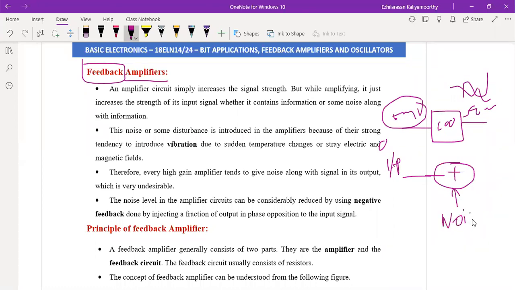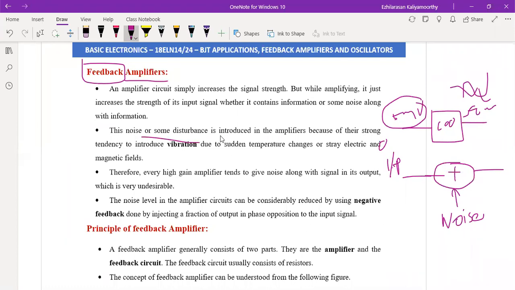If you have seen a landline telephone, just take the receiver and keep it to your ear. You can hear some kind of noise, even though nobody is talking on the other side. Even though none of them is talking from the other end, you may receive some noise, because in communication, by default, some noise is generated. Even that will be amplified normally, so that has to be reduced.